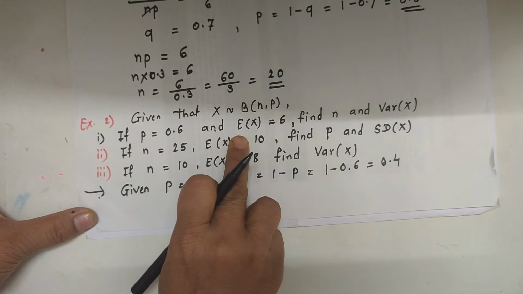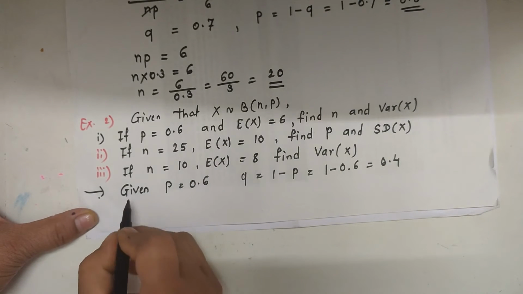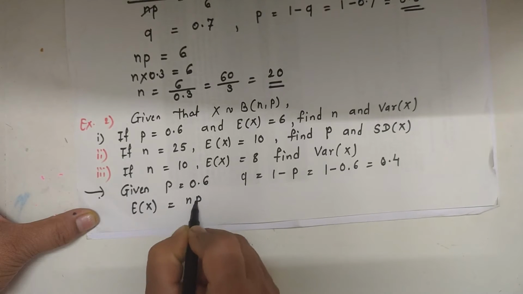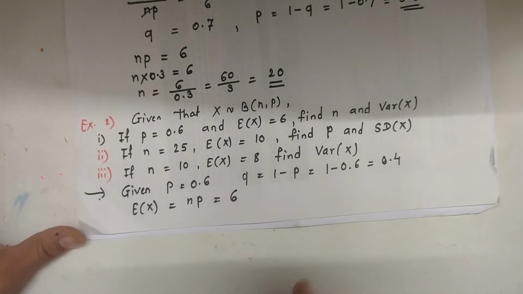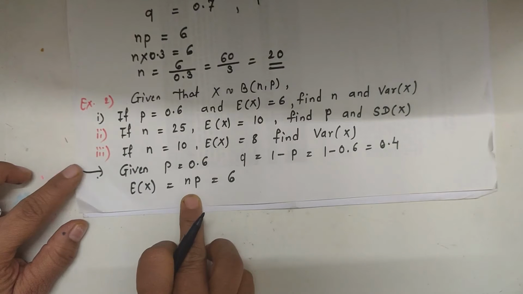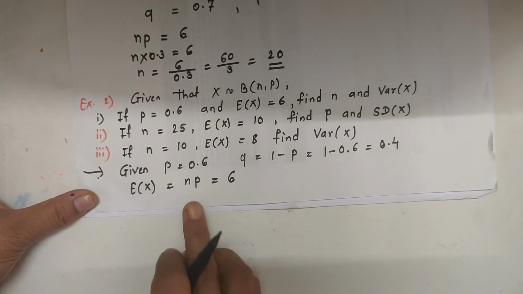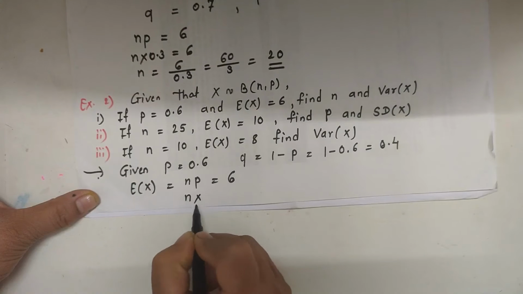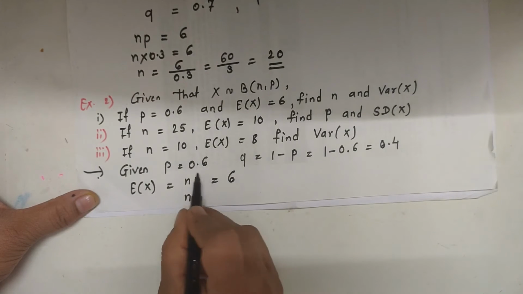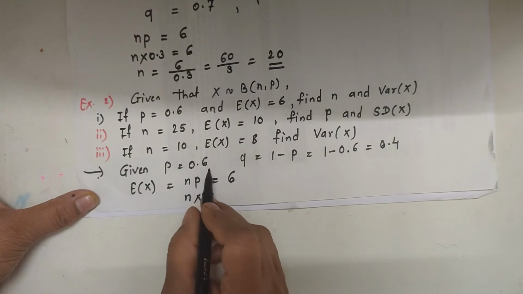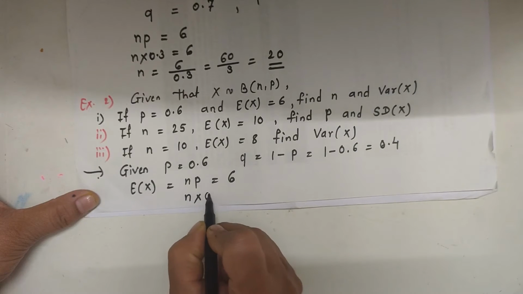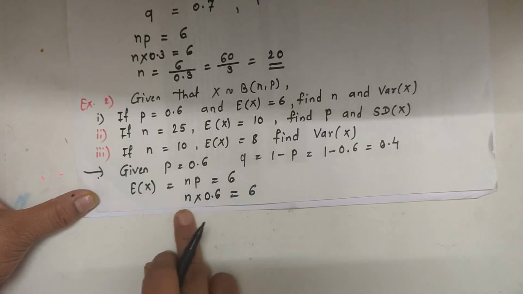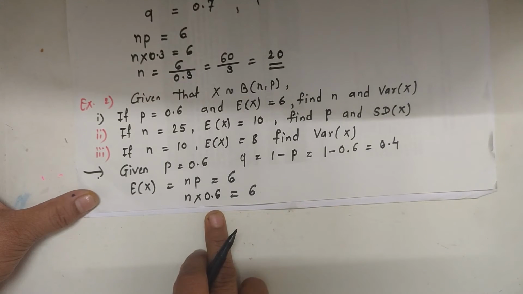And here also E of x is given as 6, meaning E of x is equal to np is equal to 6. We know the value of p, so substituting p is equal to 0.6, n into 0.6 is equal to 6.